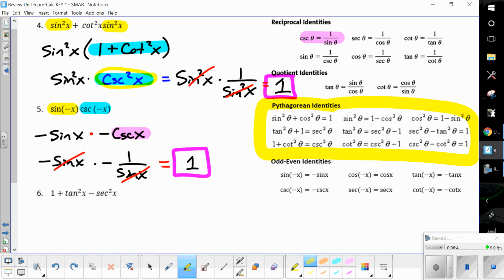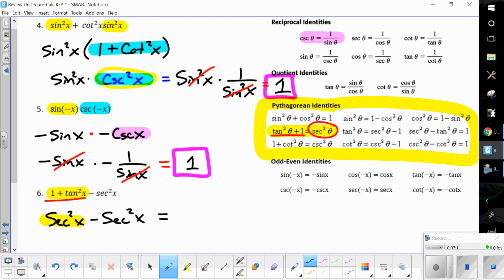I'm on the very first line of my second row here, and I see 1 plus tangent squared, just like this. And all of that is equal to secant squared. So all of this here turns to secant squared of x. So it was 1 plus tangent squared, now it's secant squared, minus secant squared. Now this is a scenario where these would cancel out, and my final answer would just be 0.